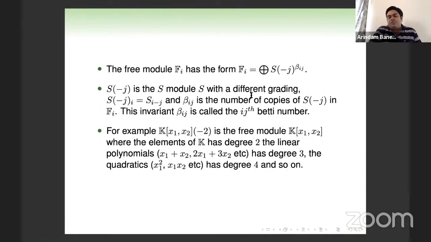Using these Betti numbers, in a second we'll define an invariant called Castelnuovo-Mumford regularity, or just regularity, which keeps track of whether an ideal has a linear resolution or how far it is from having one. These Betti numbers also preserve many important geometric properties. That's why we introduce these somewhat technical notions.